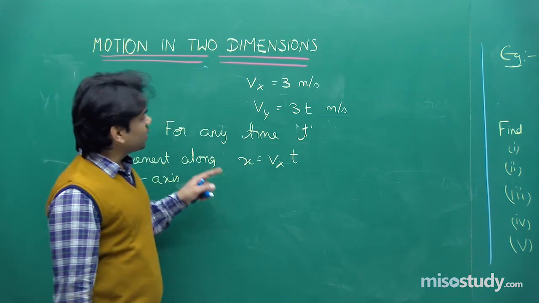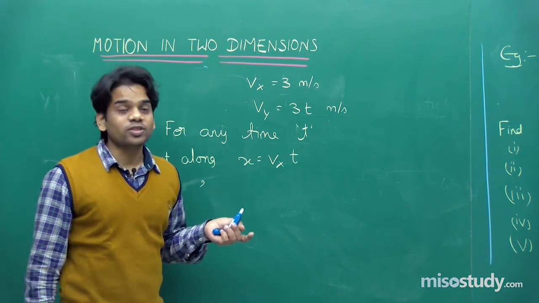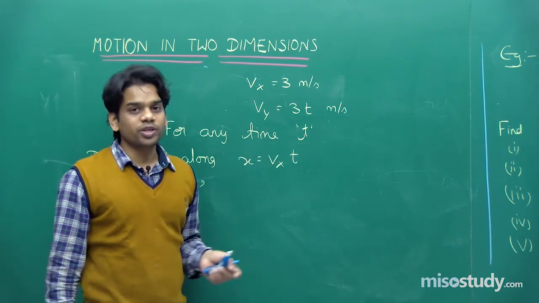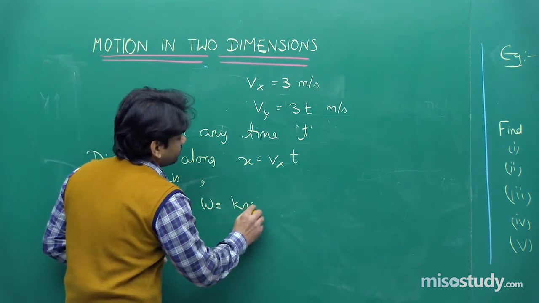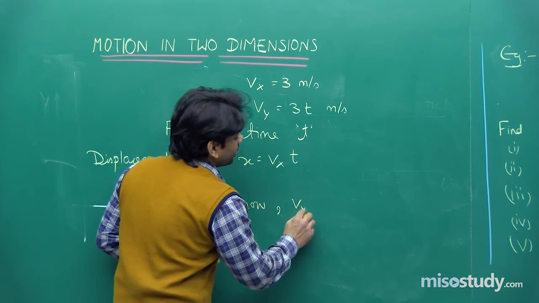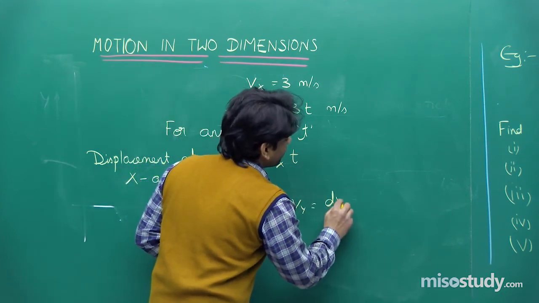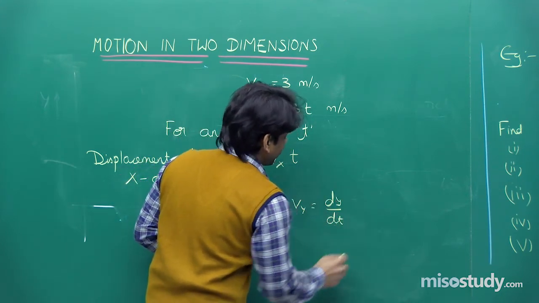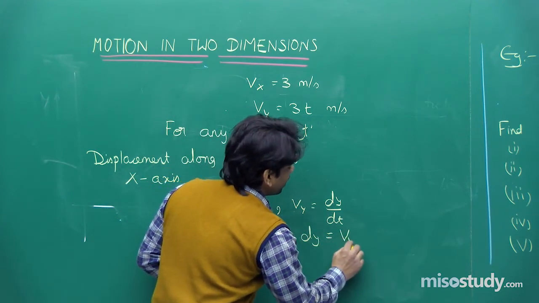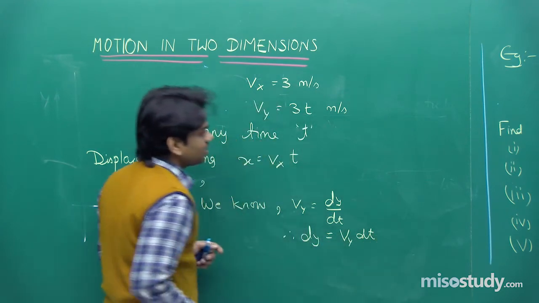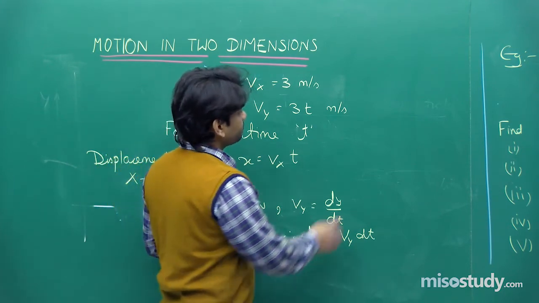The second part, the displacement along y axis, that is what is required, because here vy is equal to 3 into t. Now we know that vy is equal to dy by dt. Therefore dy is equal to vy into dt.